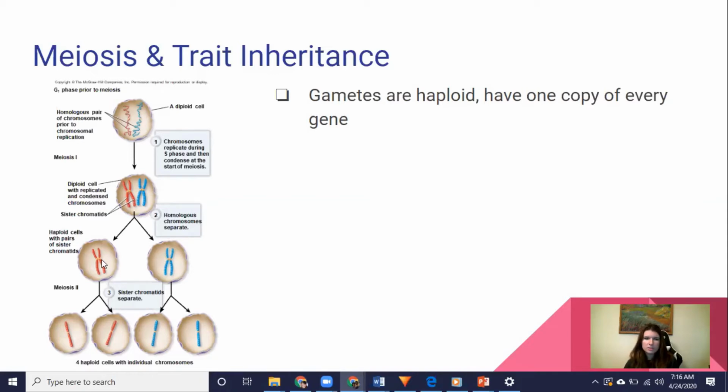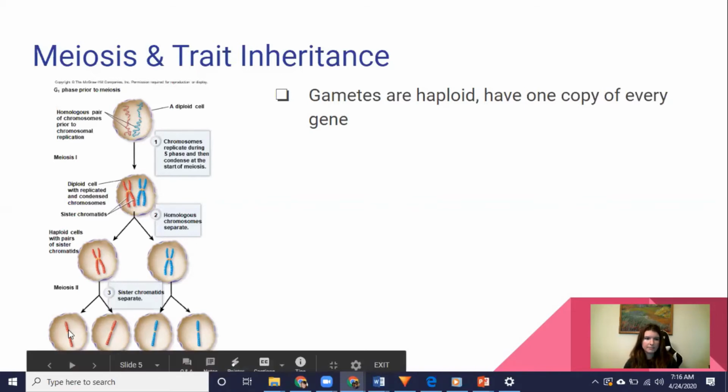And then in meiosis 2, those sister chromatids divide. So one copy from that daughter cell from the end of meiosis 1 ends up in this cell. The other ends up in this cell. And same thing for daughter cells 3 and 4 here. They each get one of the sister chromatids from that blue chromosome.